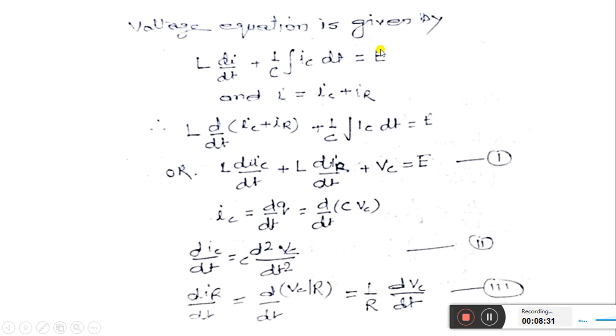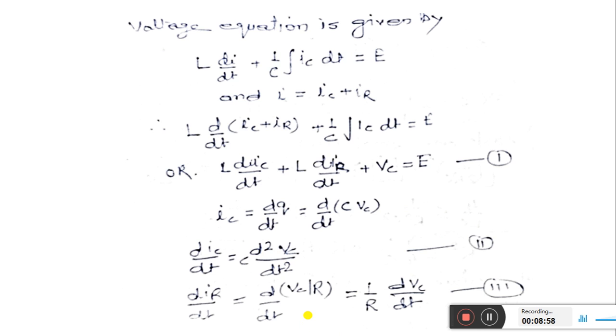So we can write IC equals d/dt (C Vc). Now if we differentiate this equation, d/dt IC will be equal to C d2Vc/dt2. This is the equation first.